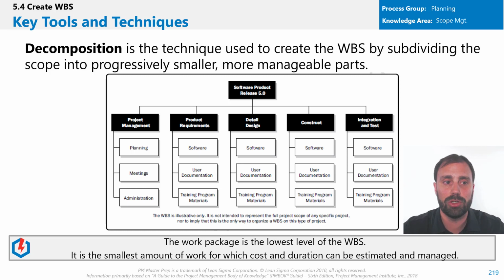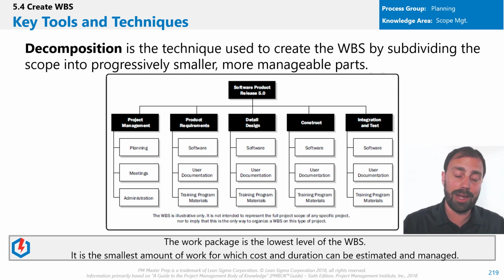Now, here's what documentation looks like. See, like top to bottom, this is from the PMBOK. This is a software product release 5.0. And what it's done is it's subdivided the scope into progressively smaller and more manageable parts. You see each column, right? And so the work package, that's the lowest level, right? The lowest level of the WBS is the work package.